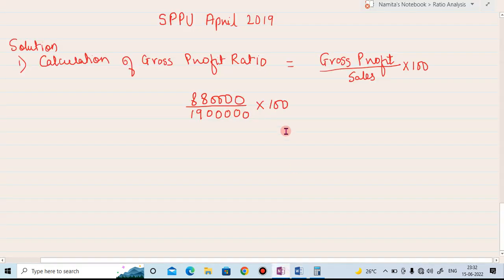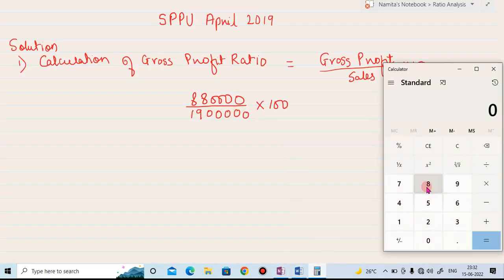So we have to multiply it by 100. 8,80,000 divided by 19 lakhs multiplied by 100.